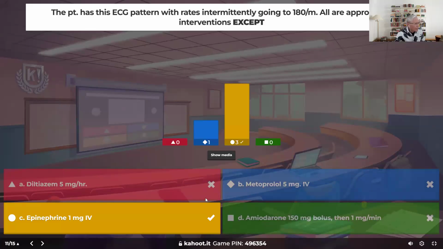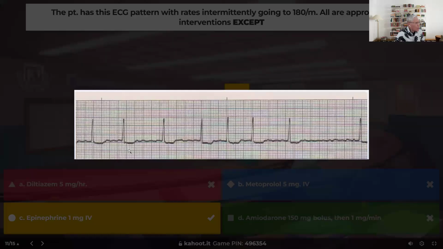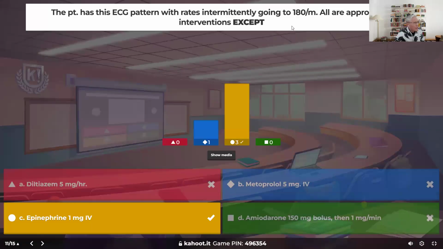Okay, so the ECG shows that there's atrial fibrillation. Notice this small teeth right here, and it's irregular. And the scenario says that sometimes the heart rate goes to 180. So it says, what could you do? And one of them is incorrect.